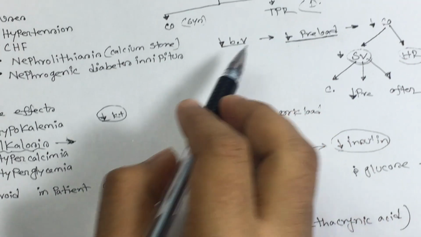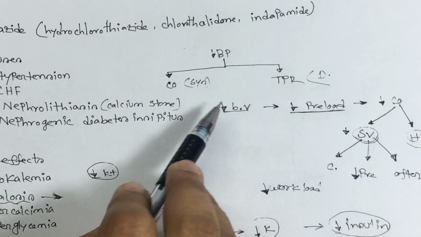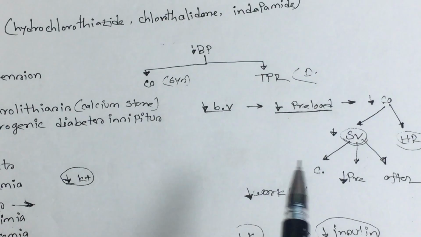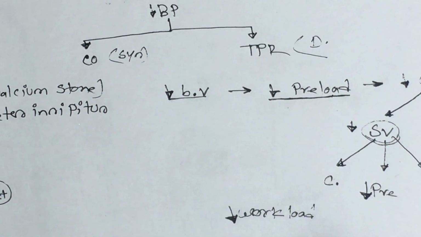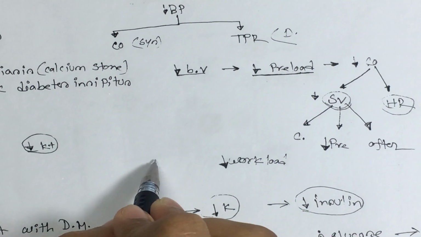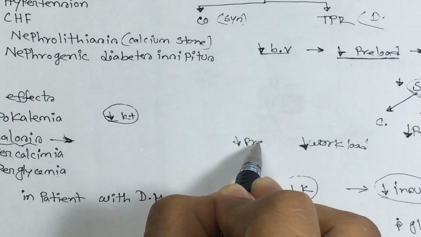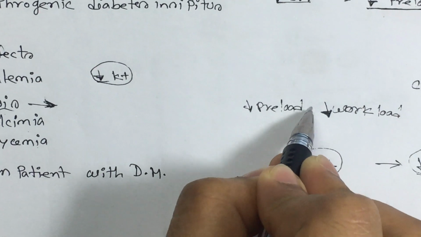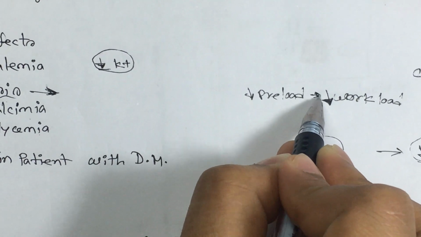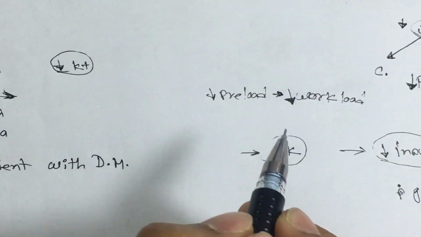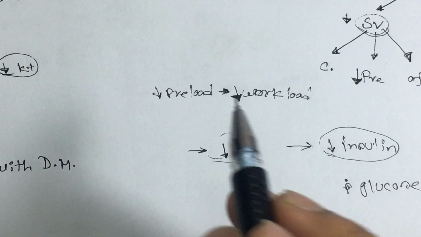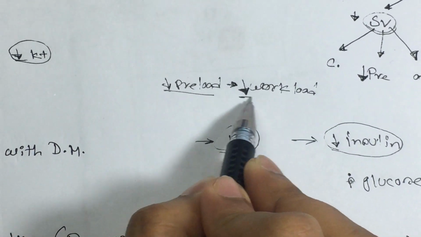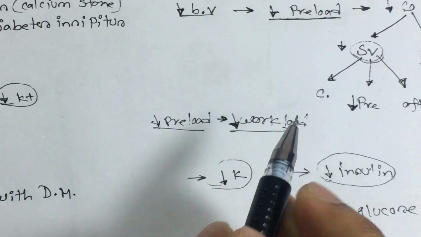So if we decrease this blood volume by using this drug, it will decrease your preload. And decreased preload means your workload decreases. So now by using this drug, we can fulfill our goal. That means we are decreasing preload, which will decrease our workload.